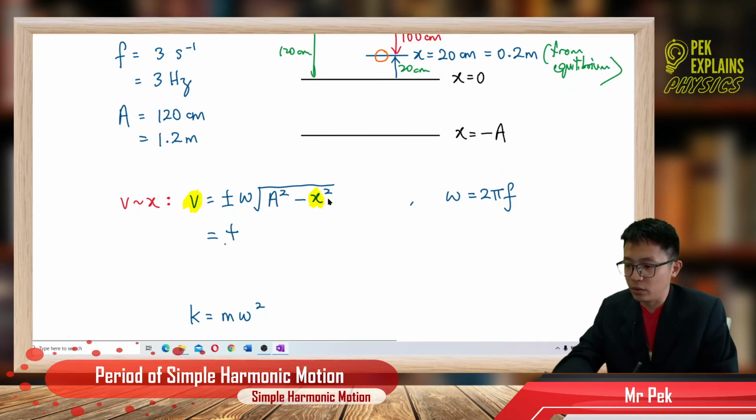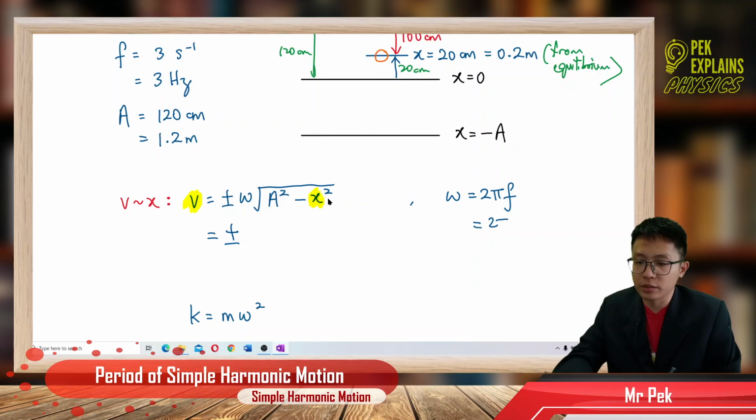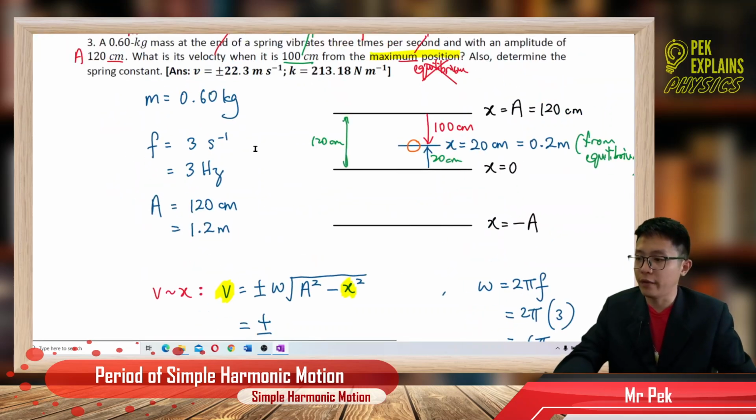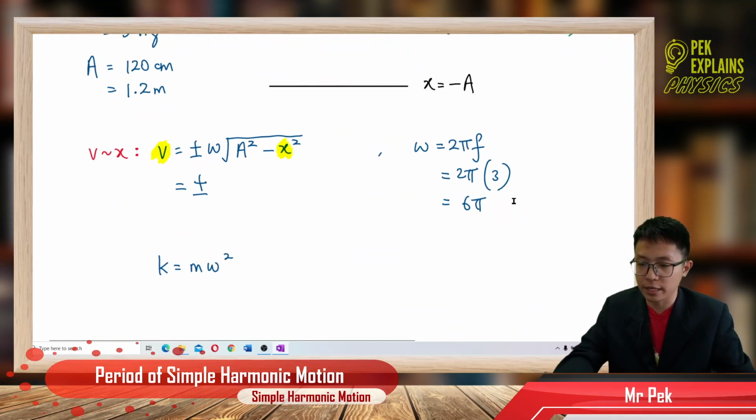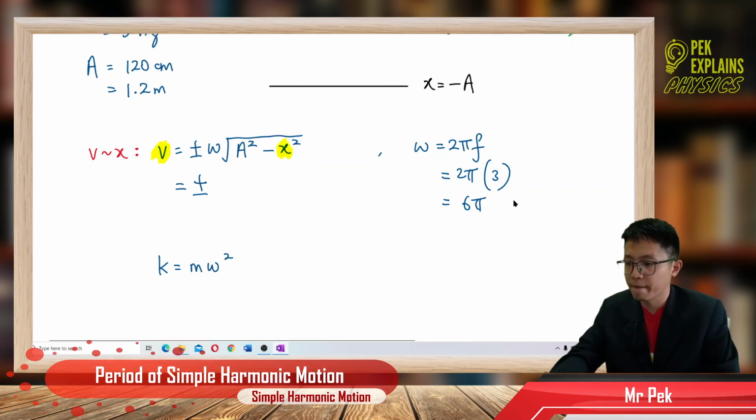Omega is 2 pi f, with f equal to 3, so this is 6 pi. We have the frequency already, just put it inside.